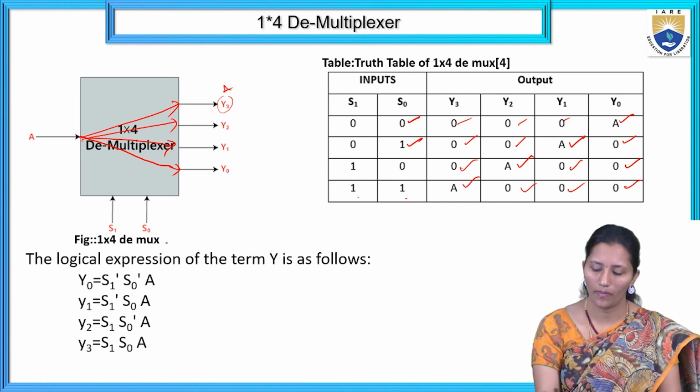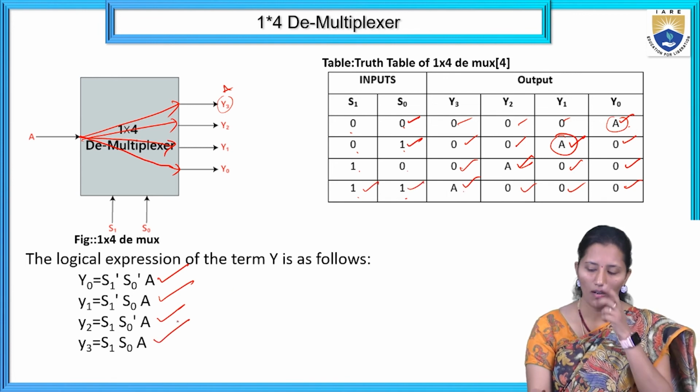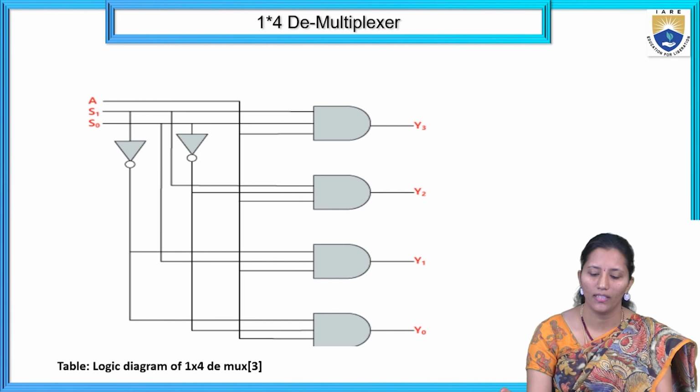So Y0 we can write as S1 bar, S0 bar into A. Y1 is S1 bar, S0 into A. Y2 is S1, S0 bar into A. Y3 is S1, S0 into A. These are the outputs of the demultiplexer.